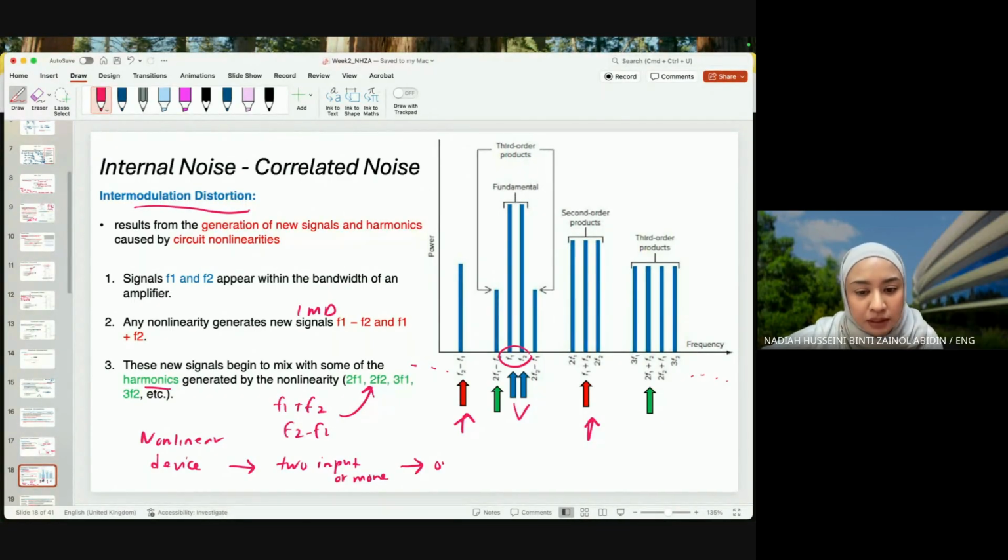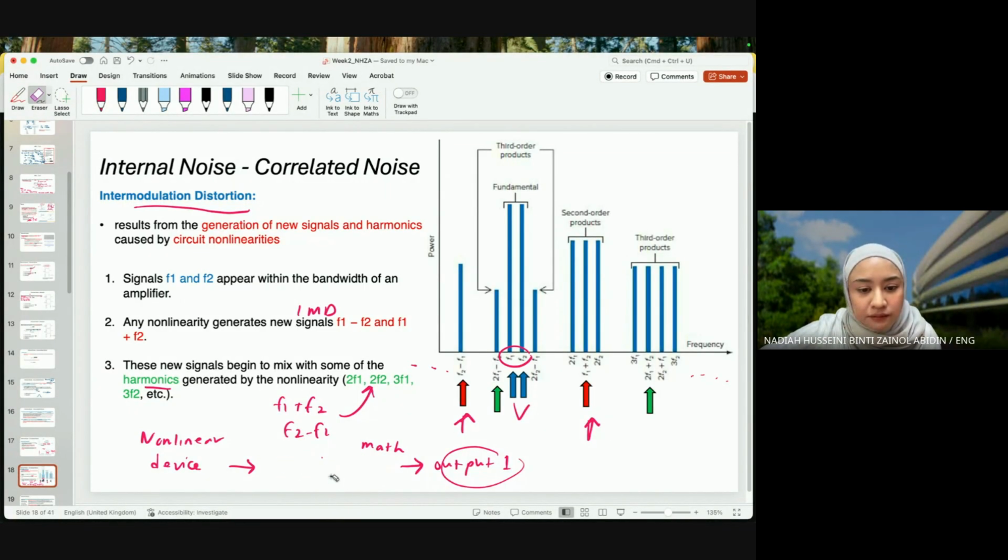If it is a linear device, the input is 1, the output is 1. The input is 2, the output is 2. But for a nonlinear device, there is some math equation that converts these two inputs to a single output. So that is roughly the definition of a nonlinear device in mathematical terms.